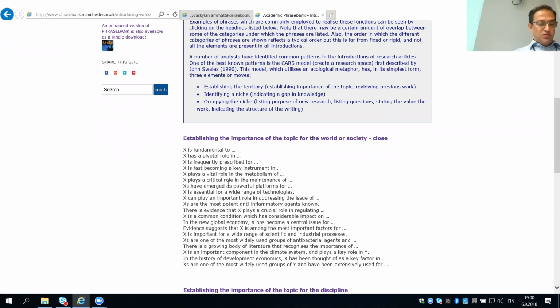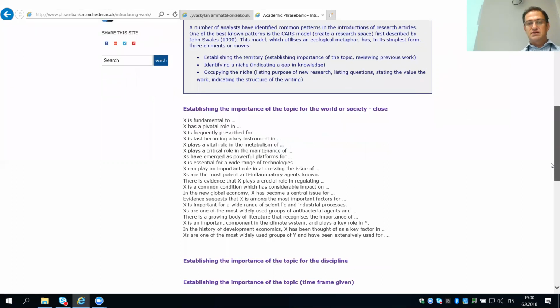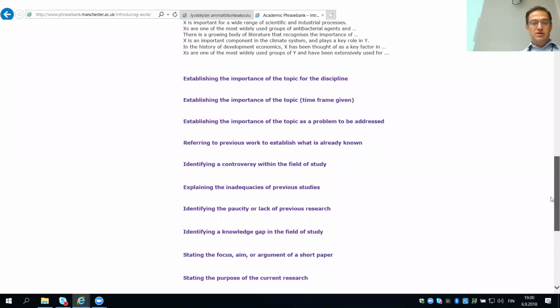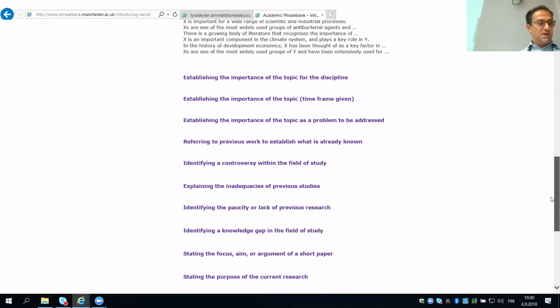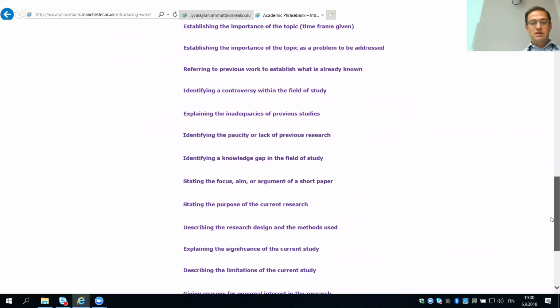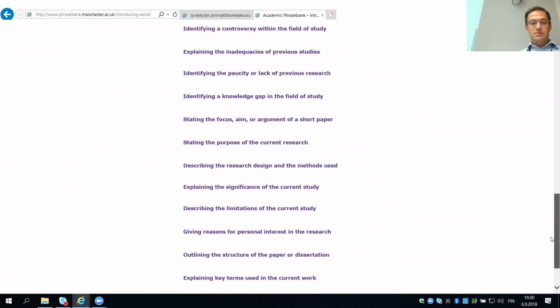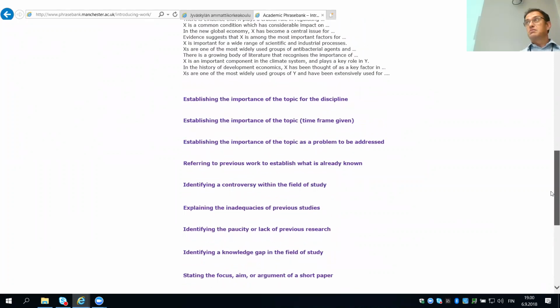And of course, you want to convince us that what you are doing is also new. You have done this in the proposal, but of course nobody will have your proposal in the thesis, so we will read the thesis. So here you can find many things about, for example, identifying the lack of previous research.